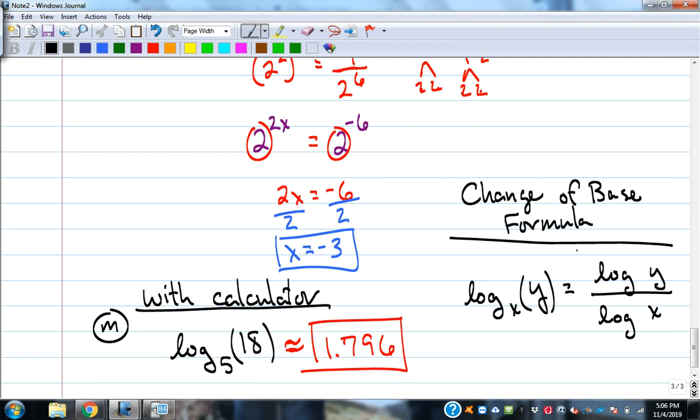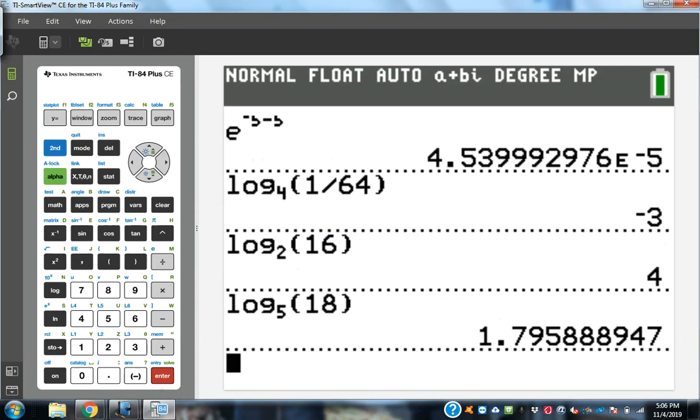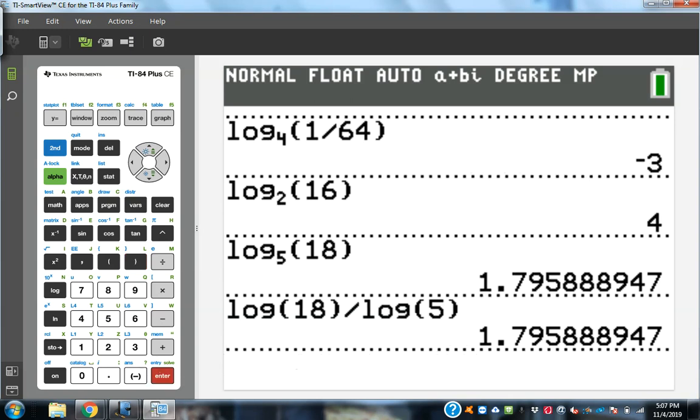So in our case, if we tried to redo example M using the change of base formula, I can use the log button. Over here on the left-hand side, right beside 7, there's a log button. If I do log of 18, close the parentheses, divided by log of 5, it'll get me the exact same answer as doing that log base stuff. So it's always the base on the bottom. That's the way I remember the change of base formula.